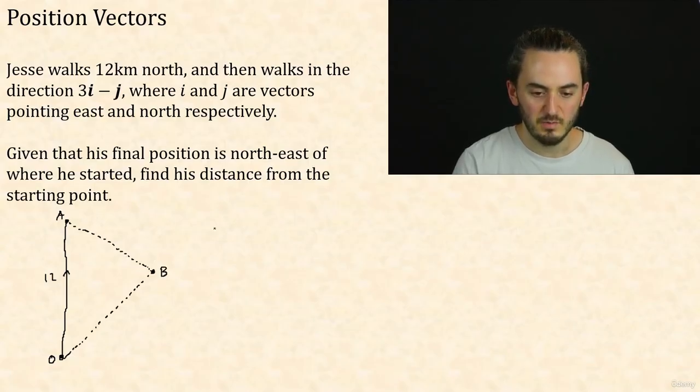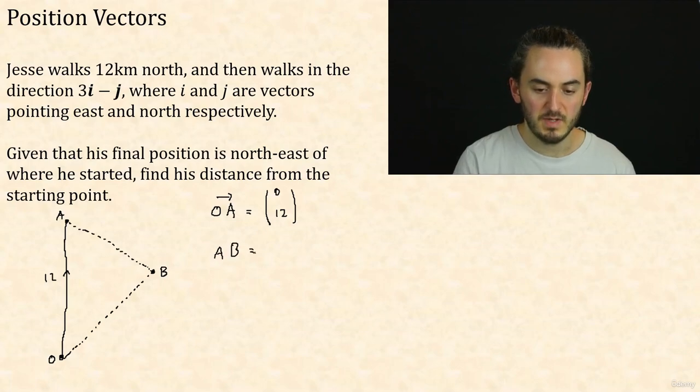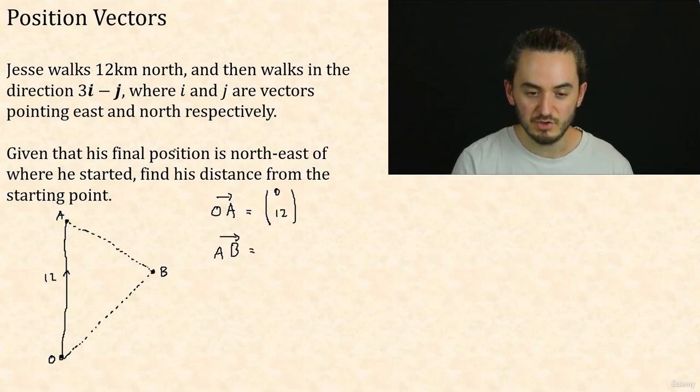So what's he done? Well, he walks OA, from O to A, and we know that that is no amount along and 12 up. Now, he walks from A to B, and all we know is that that is in the direction 3i minus j, which means it's some amount of that.